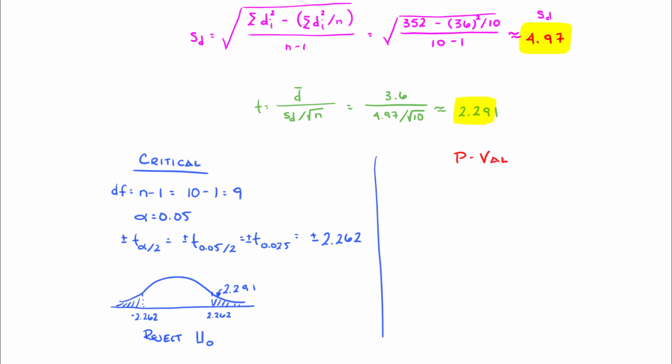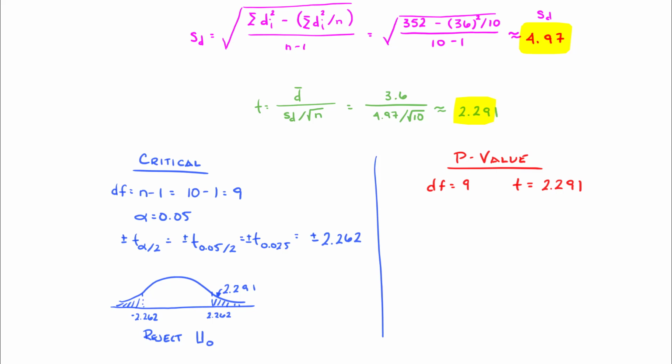And then with the p-value approach, we're going to do the same process that we've always done. We know that the degrees of freedom is 9, and we know that the t-value that we're testing is 2.291. So when we go into the t-table, we look at degrees of freedom. We find where that value of 2.291 happens to fall.